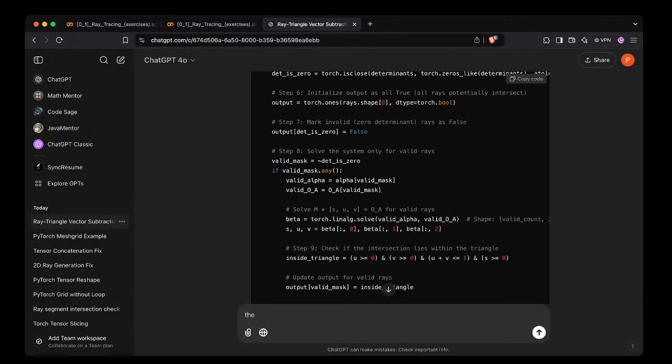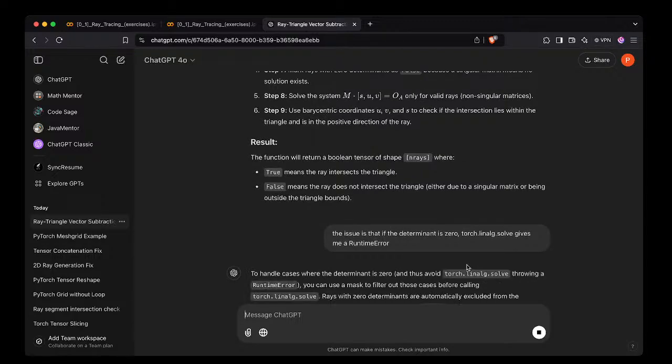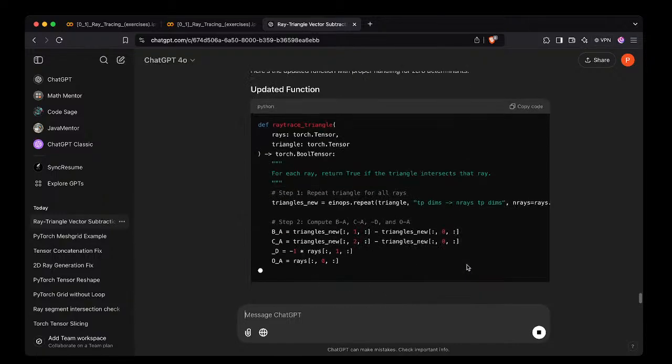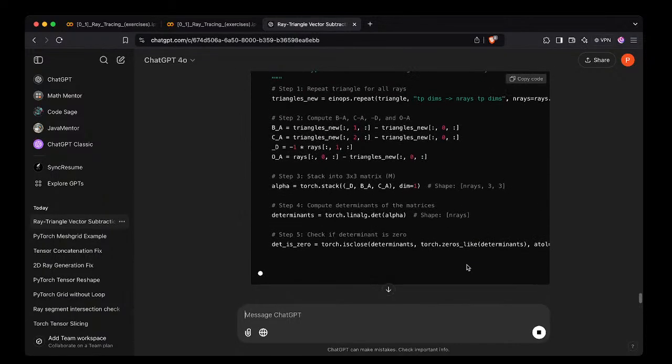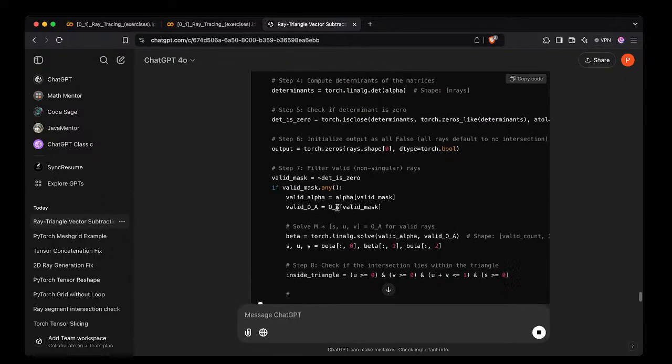The issue is that if the determinant is 0, torch gives me what does it give me? Gives me a runtime error. You do this, you stack it, compute determinants, all false, any.